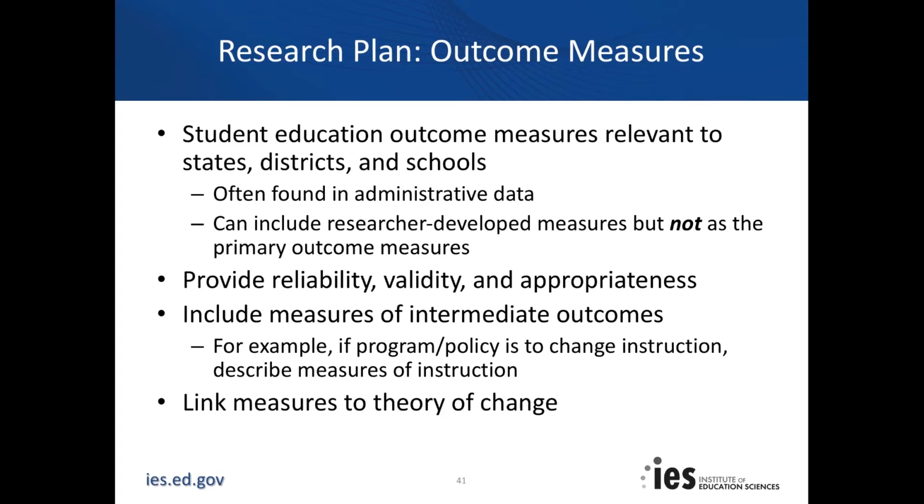You'll also want to describe some of the intermediate outcomes that are to occur before you reach your final student outcomes. For example, in an evaluation of a Florida high school program that was to identify and better prepare 11th grade students so that they could take a remediation course in 12th grade rather than in college, the intermediate outcome was that they actually took such remediation coursework in math and English in 12th grade.